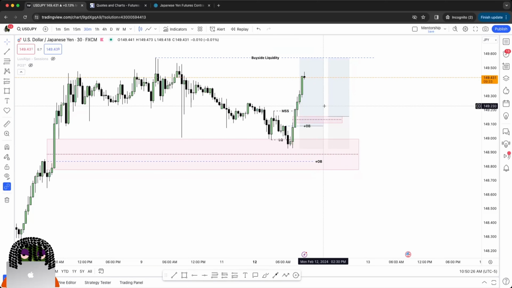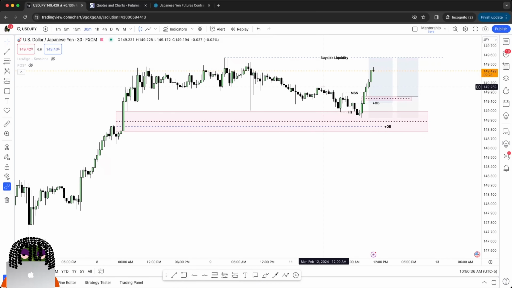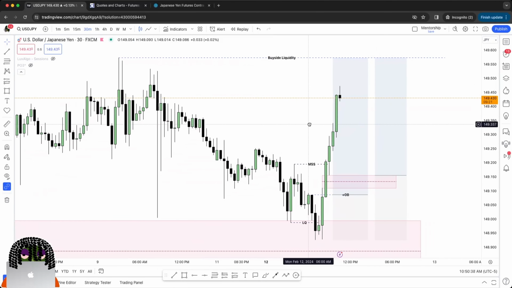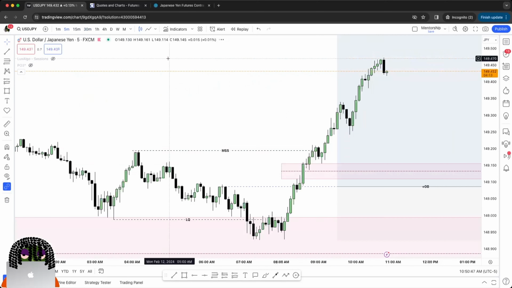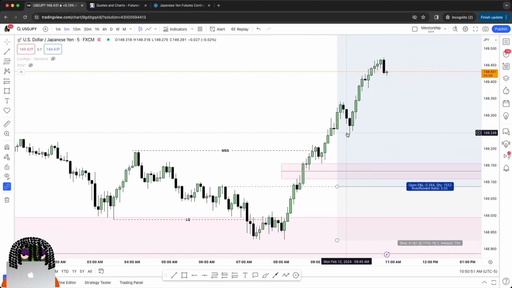If it comes back, then you'll see how the trade plays out. But as you can see, the bias is correct. Just no entry, and I'm not gonna force an entry, so it is what it is.